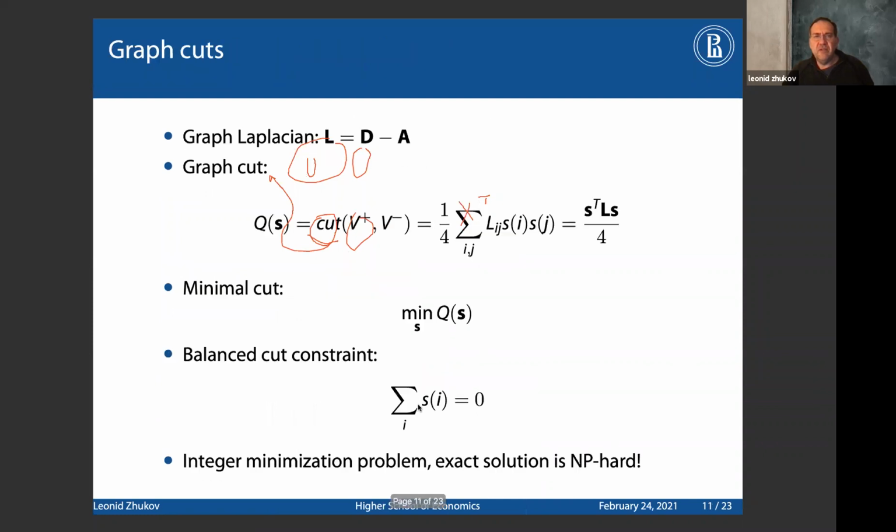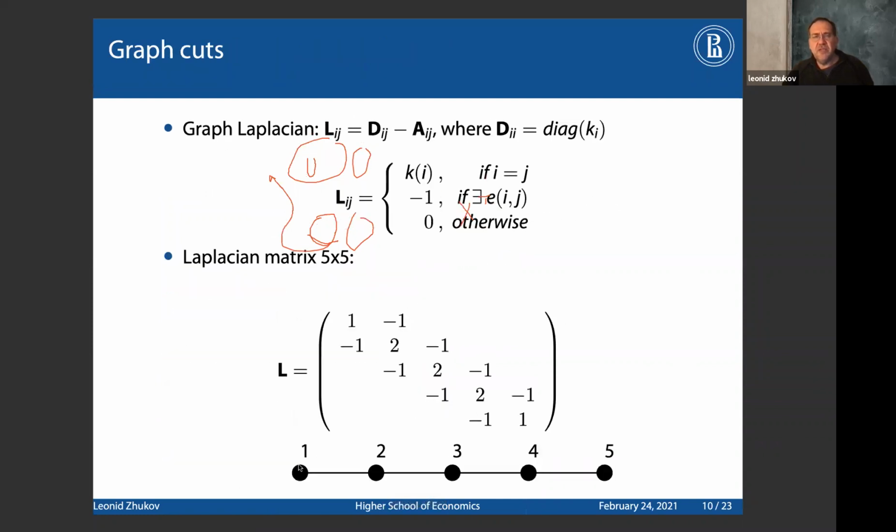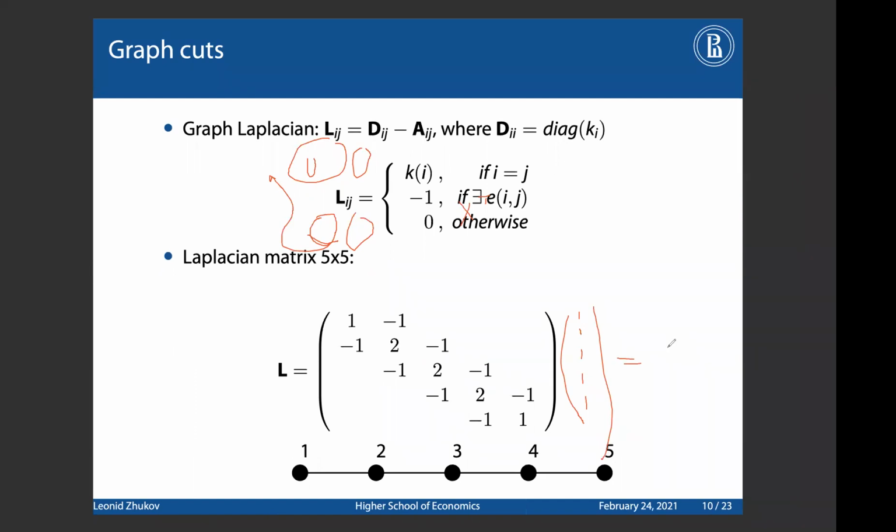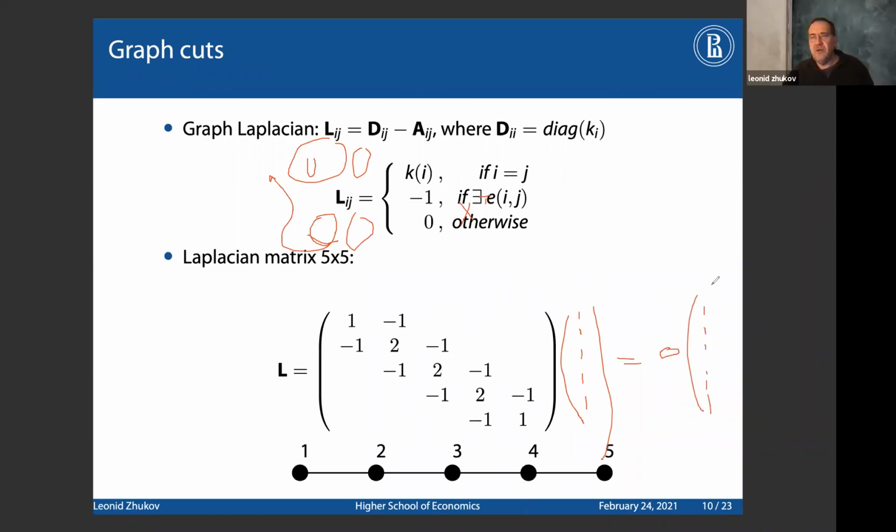If we go back for a sec to this matrix, notice that if I multiply this matrix by a vector of all ones, then what do I get? Zeros. So you're going to get 0 times all ones, which means all ones is an eigenvector with eigenvalue 0, right?